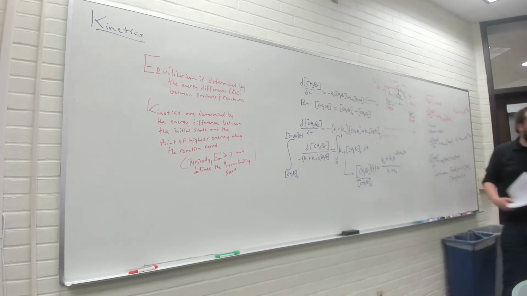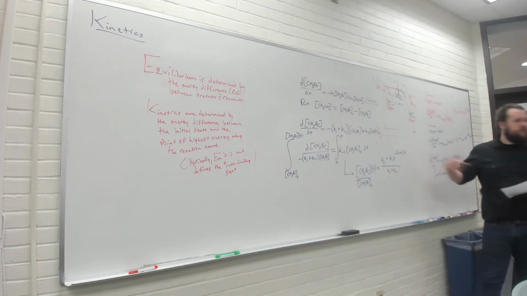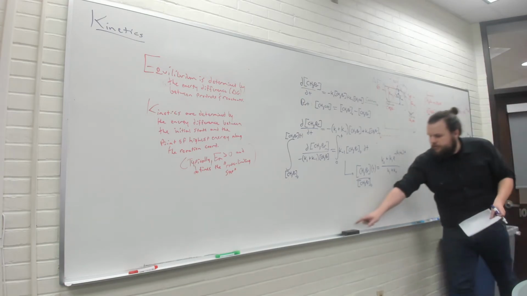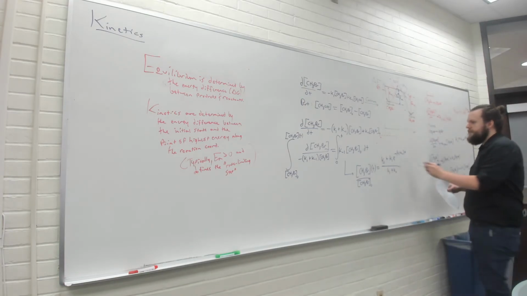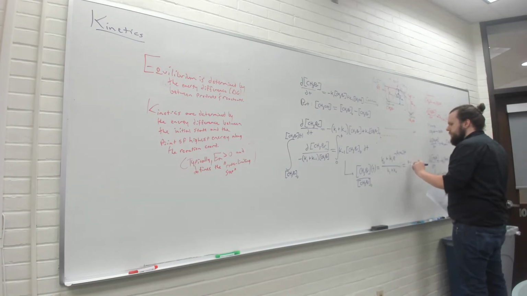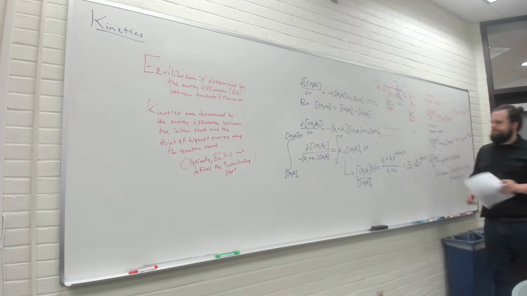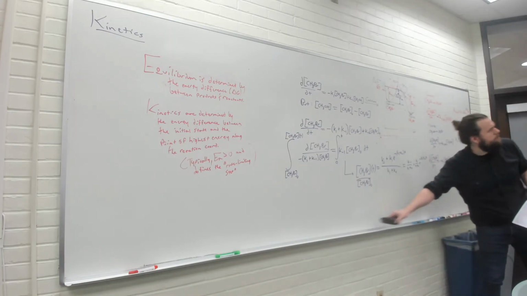And there you can see that the change in the concentration is just a function of t. It's an exponent in terms of t, and there's some constants. Right? You can almost write this as just a number plus another number times an exponent. So it's just a number plus e to the minus t.